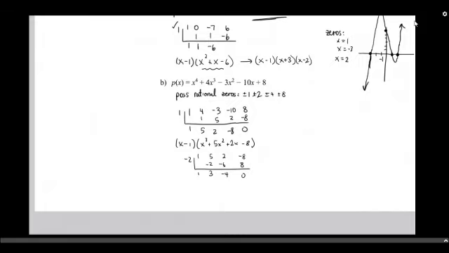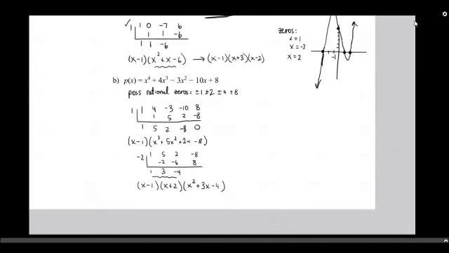There we go. So negative 2 worked. So now I know two factors. I knew that x minus 1 was a factor because of that, and now I know that x plus 2 is a factor because of that. So I've got x minus 1 for my first go around, and now I know x plus 2. And then these tell me the coefficients of x squared plus 3x minus 4.